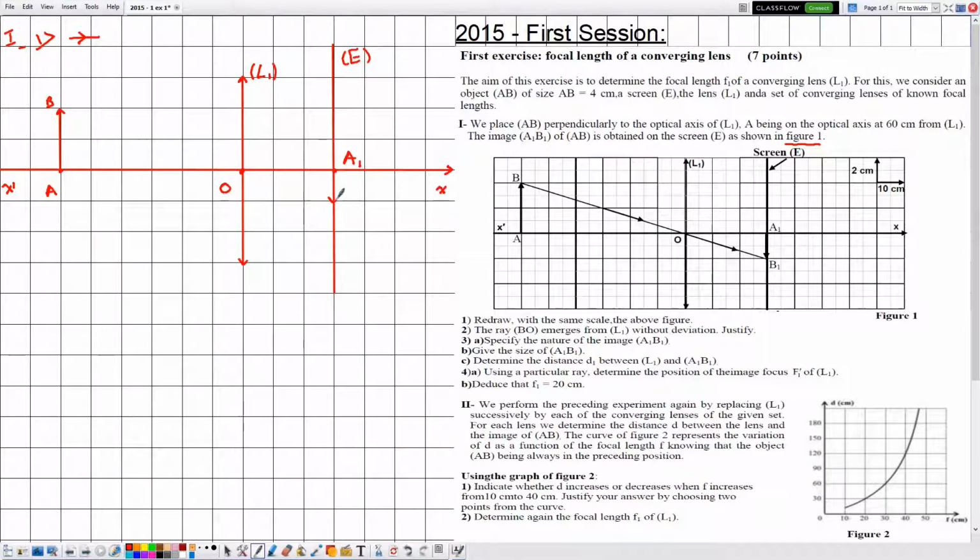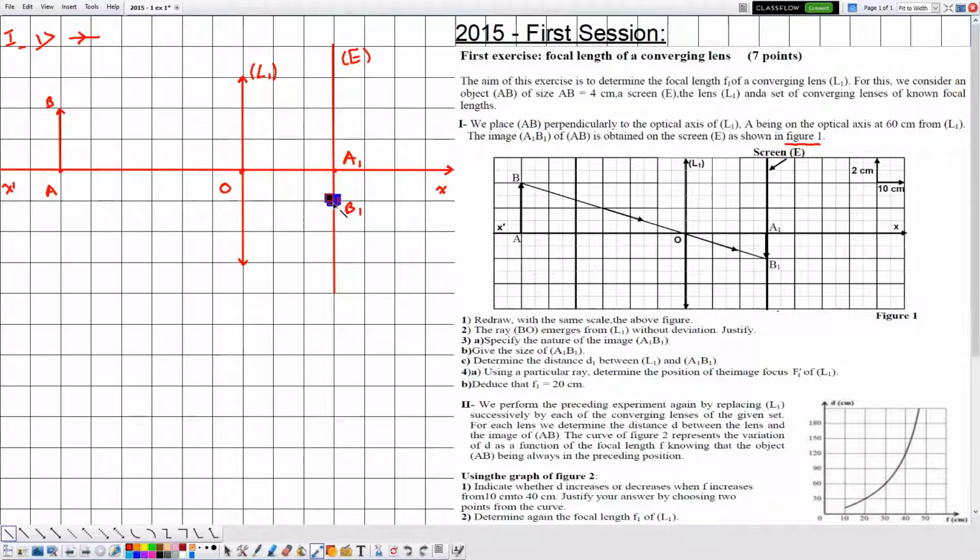The hat is found on B1. And now let's trace the image A1B1. BO represents an incident ray issued from B, and OB1 is its emergent ray.